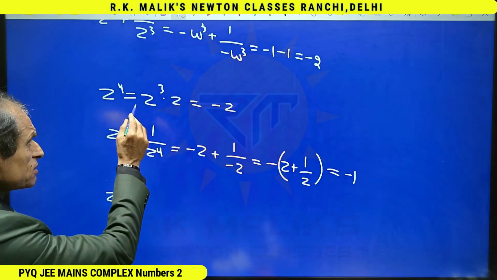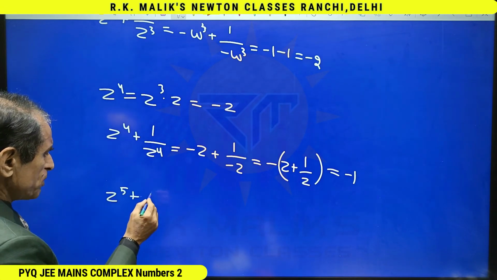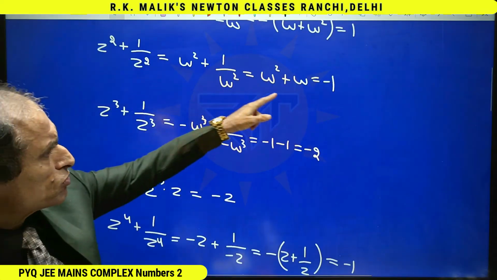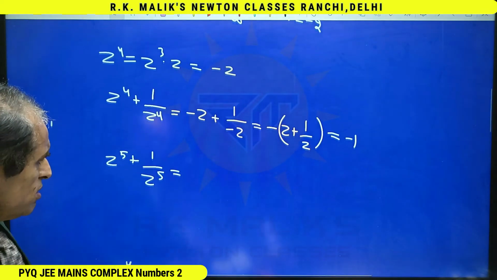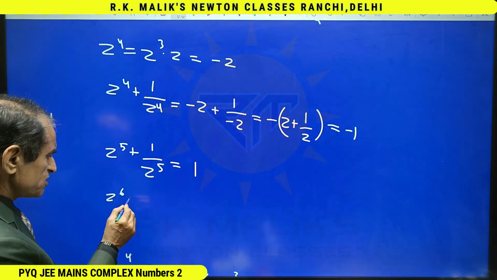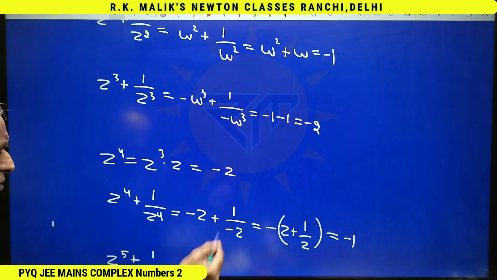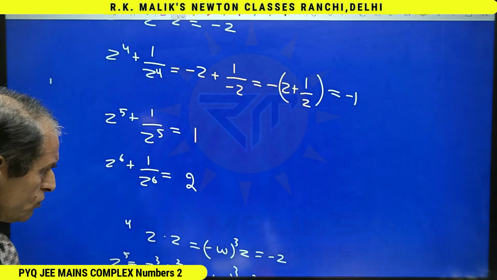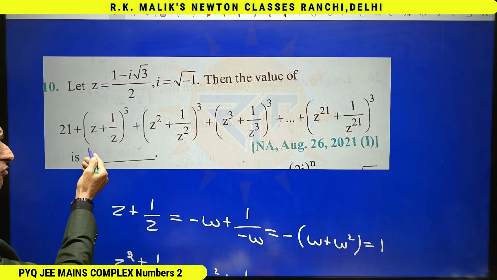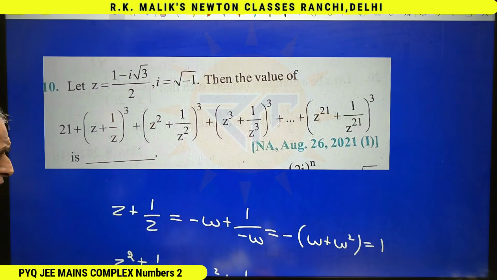Similarly, keeping in mind that Z cube is minus 1, Z to power 5 plus 1 by Z to power 5 will become 1. Z to power 6 plus 1 by Z to power 6 will become, looking at it, 2. That is, every bracket will be either 1 or minus 1 or 2 or minus 2.